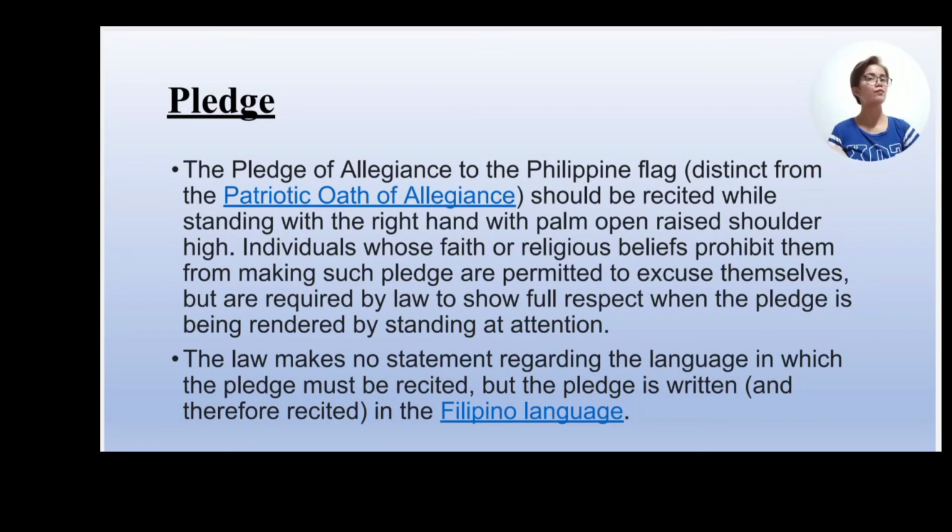Bahala dili sila manumpa, but they must pay respect sa ato ang country, isip Pilipino or isip as a citizen of the country by standing at attention. Then the law makes no statement regarding the language in the pledge must be recited, but the pledge is written in the Filipino language. So therefore, gamito na to siya or i-recite na to siya in Filipino language.